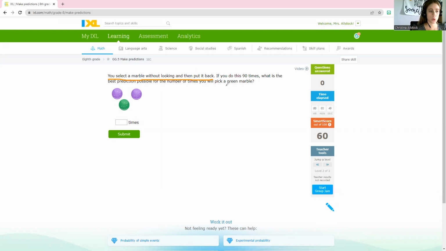If we want to know the probability of picking a green marble, what would be the theoretical probability? Well, that would be 1/3, because there is 1 green marble and there are 3 total marbles. So 1/3 is our theoretical probability.